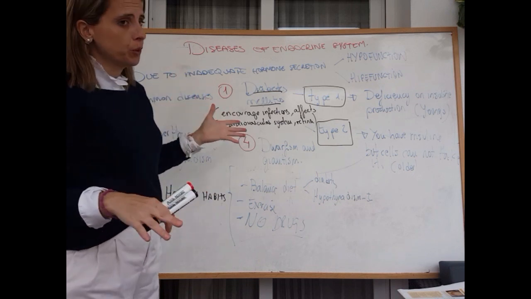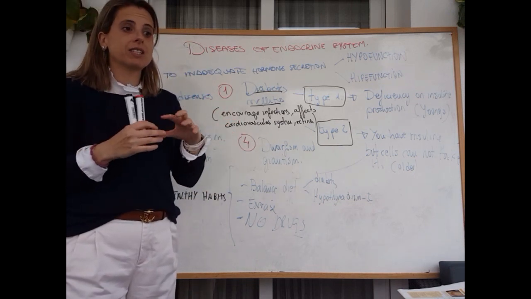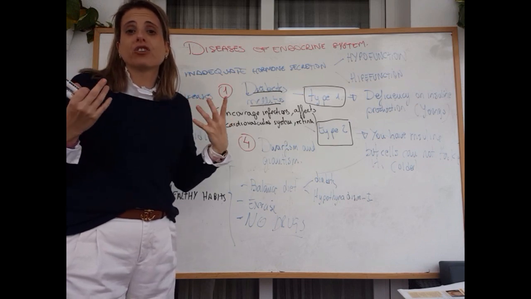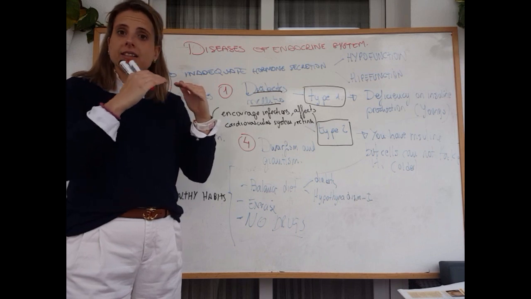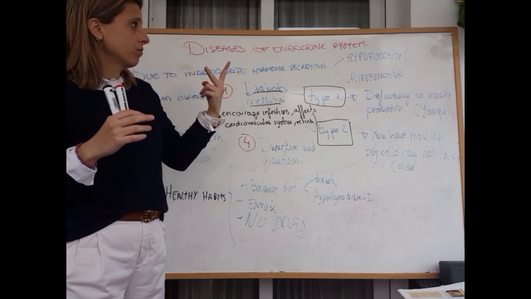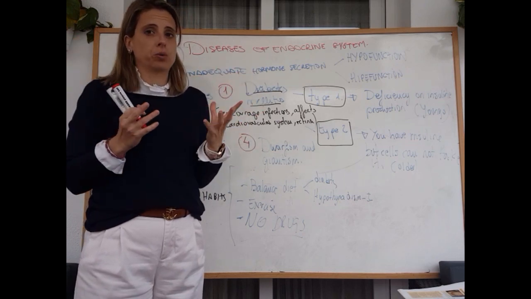Usually if you have a problem with the endocrine system, it's because there is a hormone that is not being secreted in a proper way or in a balanced number. So in fact, problems with the endocrine system are basically two in general.